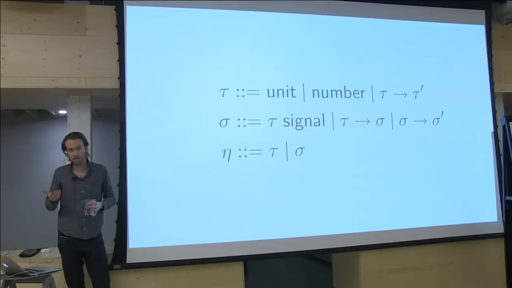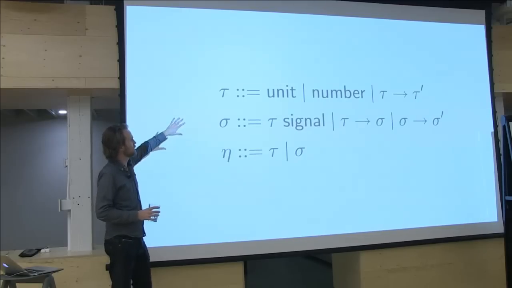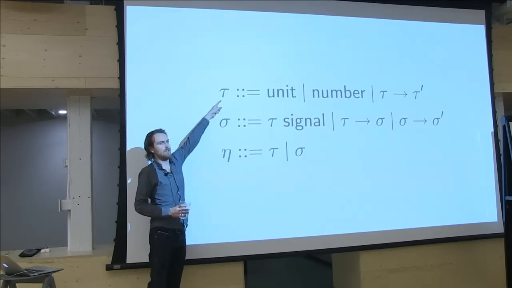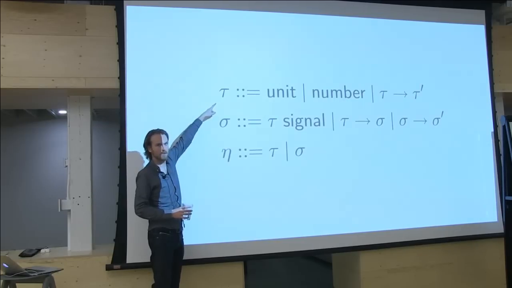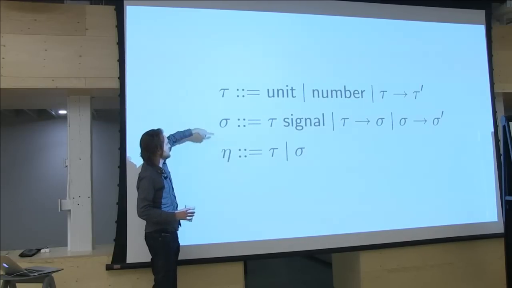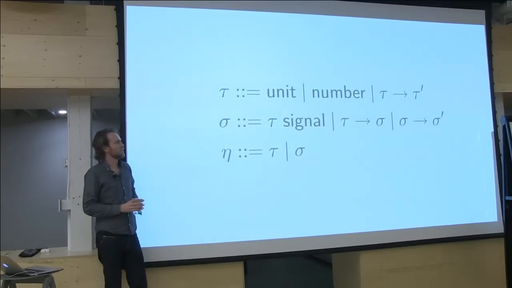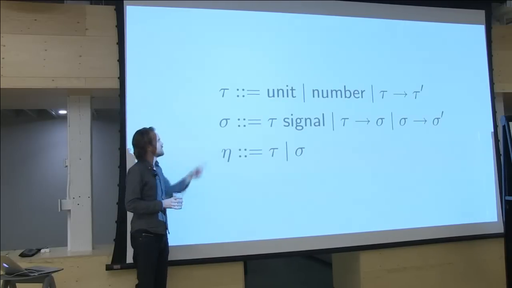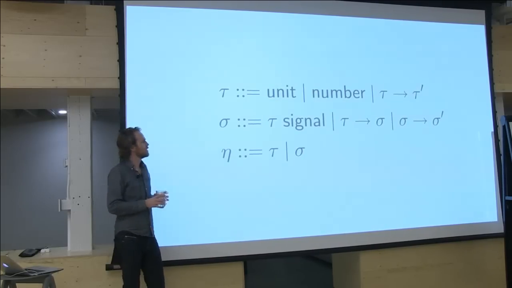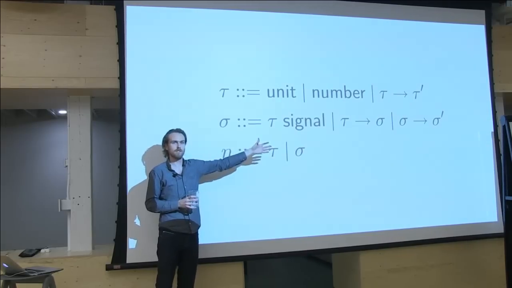These are the types involved. Don't worry too much about this, but basically we have tau, is that right? Tau? Yeah. And sigma and eta. So tau stands for, I think he said just type. So that's regular types. Sigma stands for signal types, and that includes functions that involve signals as well.